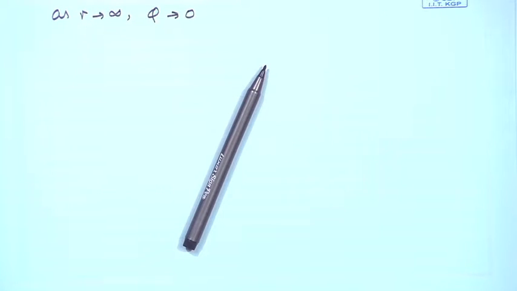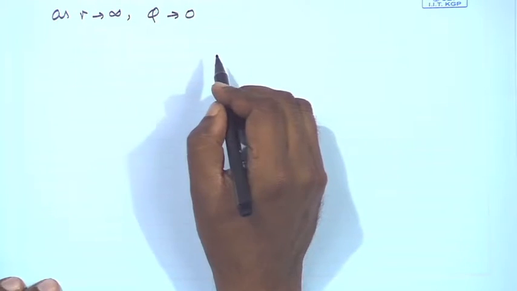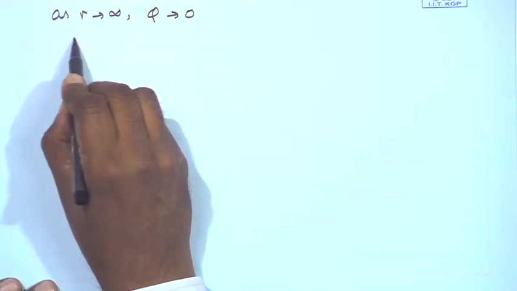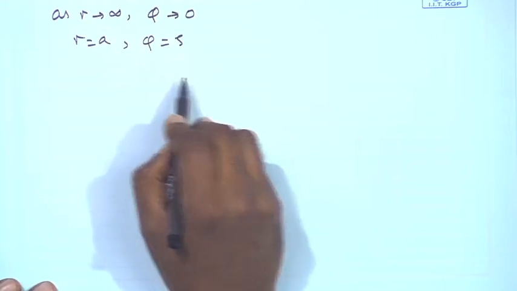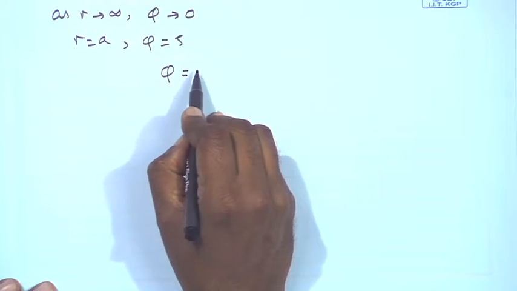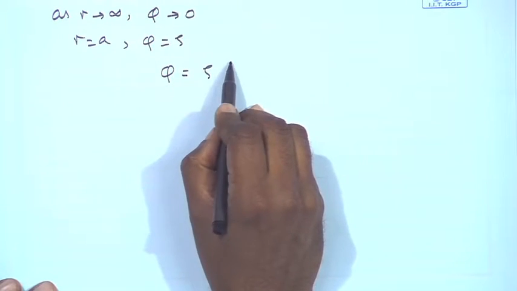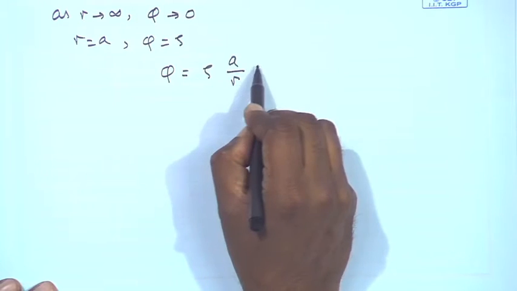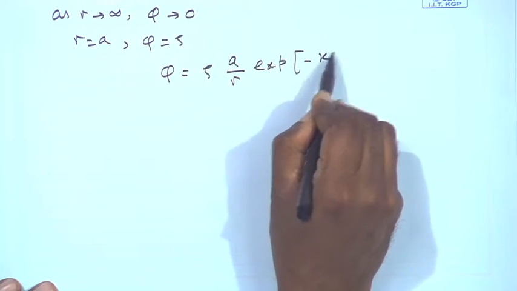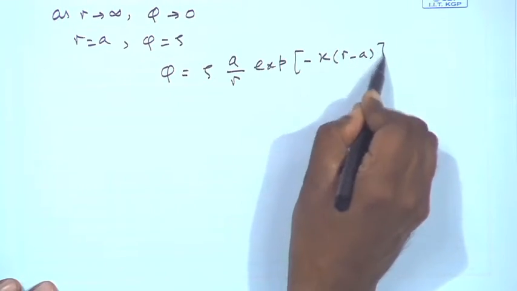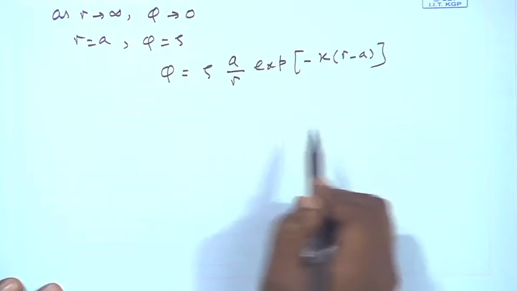So, this implies b is 0, and at r equal to a, you have phi equal to zeta. With that we get the expression phi equals zeta a by r times exp of minus kappa (r minus a). This is the double layer potential.